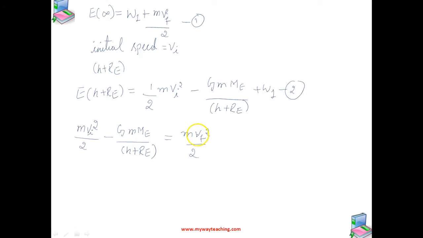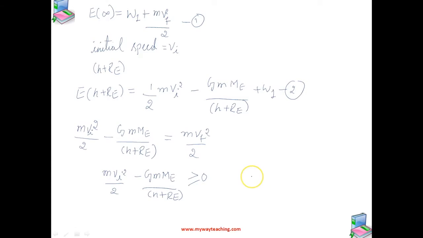If RHS is a positive quantity with the minimum value 0, so must be the LHS. Thus, an object can reach infinity as long as vi is such that m vi square by 2 minus G m Me by h plus Re is greater than or equal to 0.